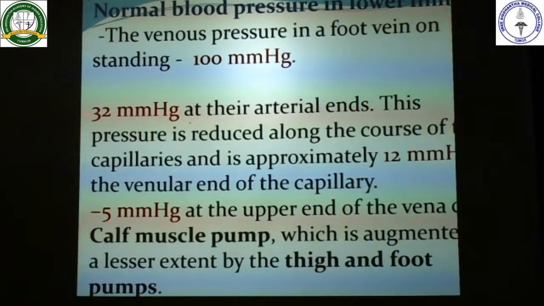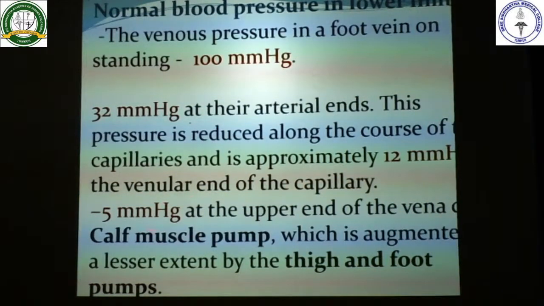Again at arterioles and also capillaries it becomes less. Then at the end of the valvular end it becomes 12 millimeters of mercury. So initially it was 100 millimeters at standing, and gradually when it passes via arteries, arterioles, capillaries, and at the valvular end it becomes 12 millimeters.